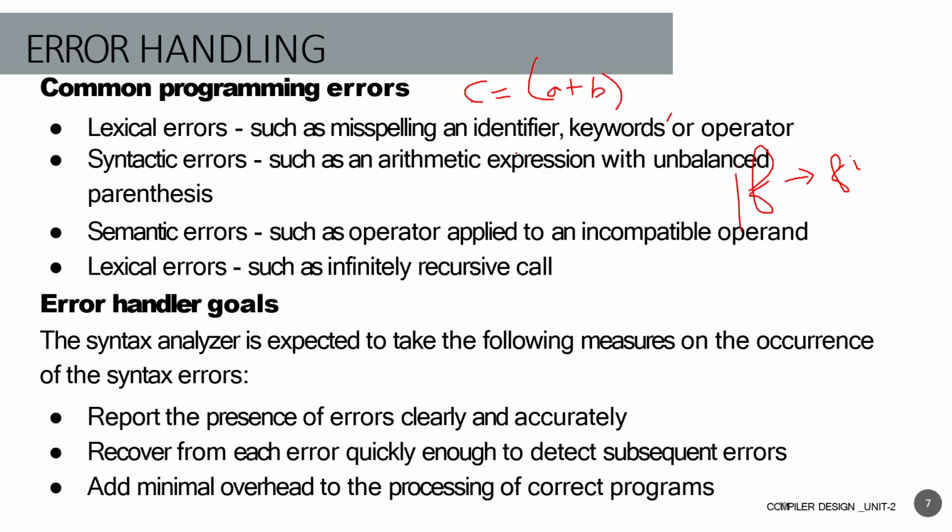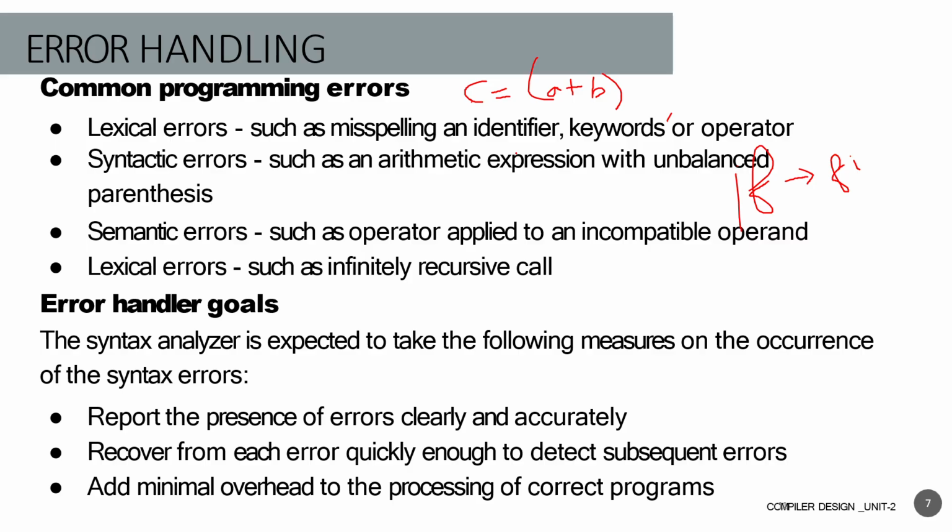It mainly happens due to data type mismatch. Sometimes you declare a variable as an integer, but inside your program you use that same variable as a floating point or some other data type. In that case you may get a type mismatch. These kinds of errors are called semantic errors.